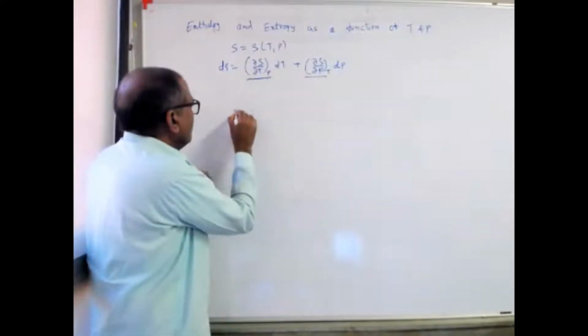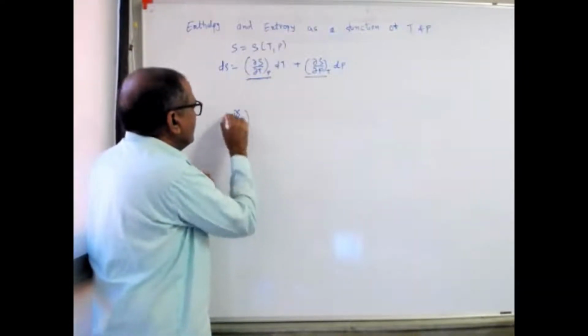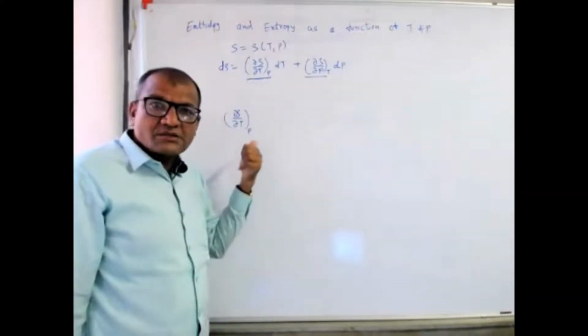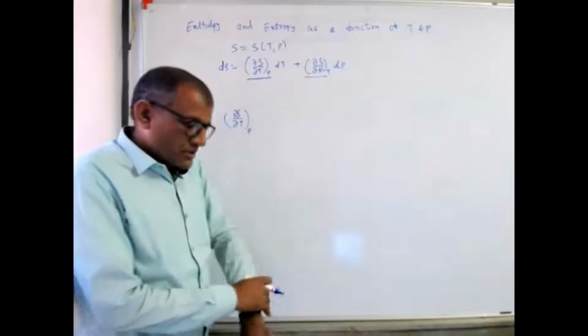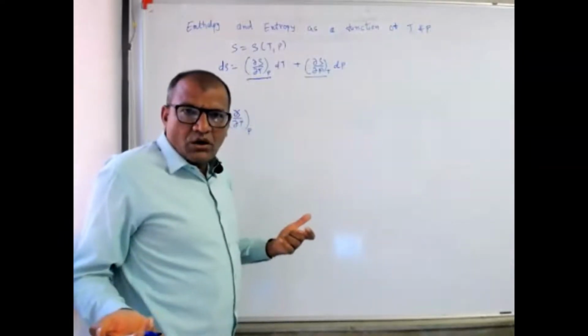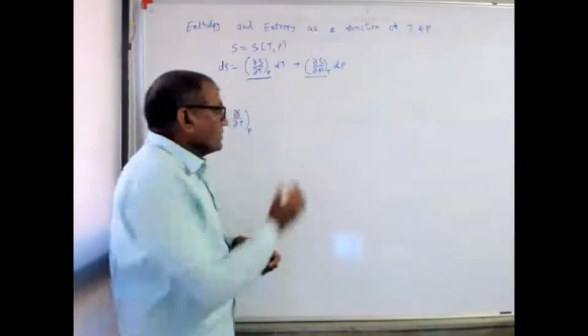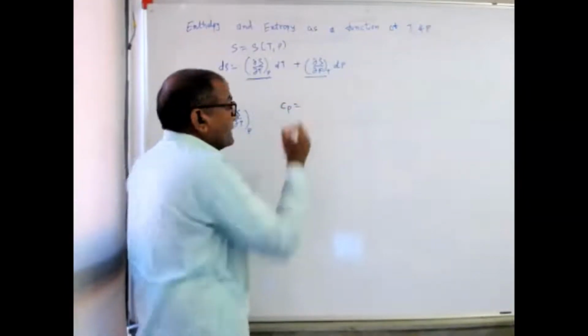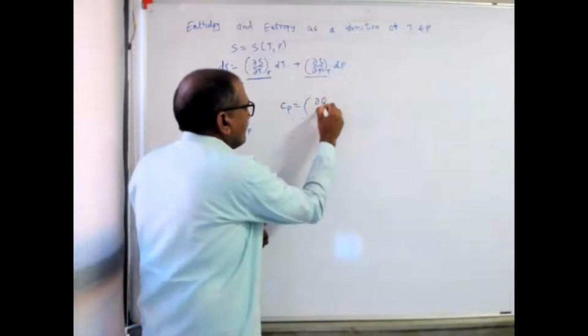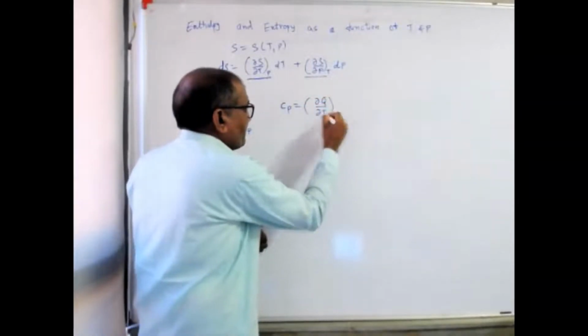Here, let's derive the first one at constant pressure. What is the value of del S by del T at constant pressure? We all know the definition of Cp, heat capacity at constant pressure.